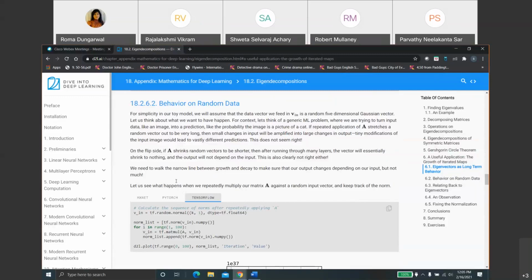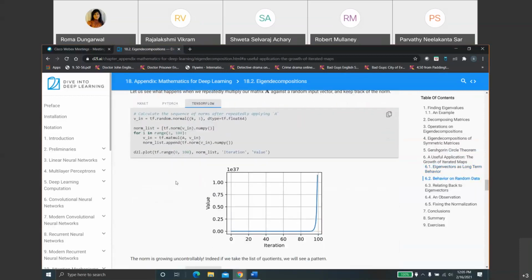Here we have taken a random input vector and multiplied it 100 times with the matrix A, and you can see that after about 90 iterations the norm of the vector is growing uncontrollably. The vector is being multiplied by a certain factor and its length keeps on growing. There is no stable state, no equilibrium is achieved.